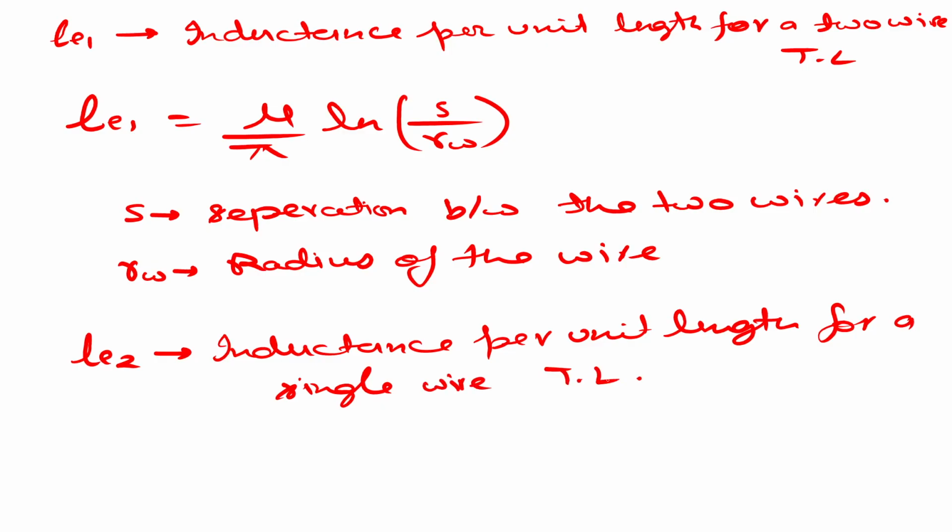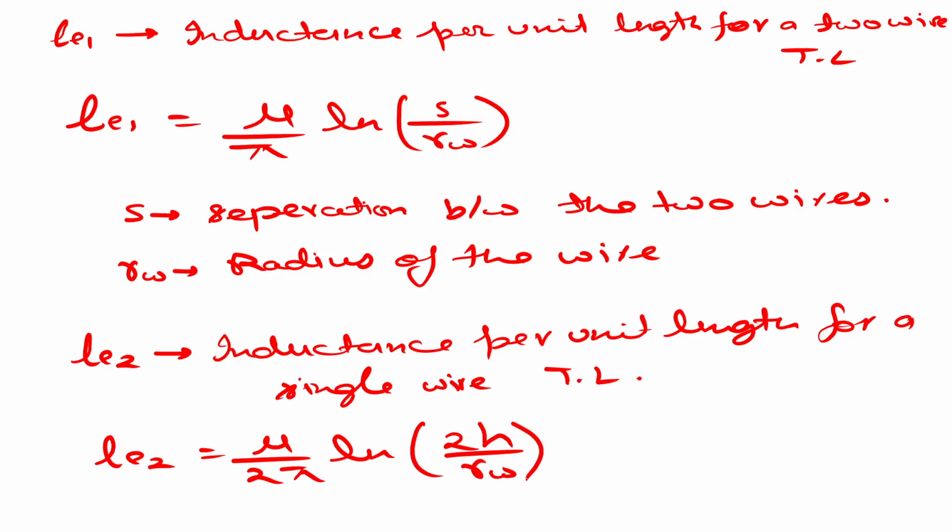The formula for that, we have seen in the previous question, is mu by 2 pi ln 2h by Rw, where h is the height of the wire above the ground plane, and Rw is the radius of the wire.